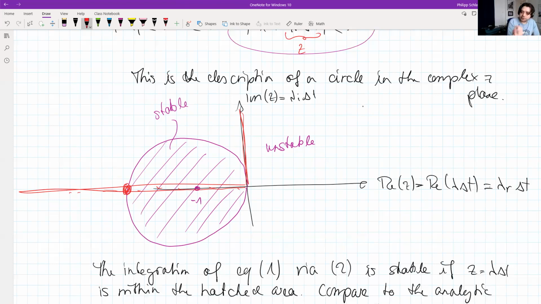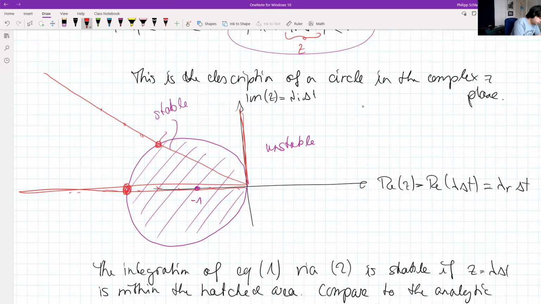If you have a general lambda, so just a complex number, then of course lambda times delta t would be a ray, maybe like this, and then you can scale the point along this line in such a way that you would then reach as the maximum time step exactly the end of the circle. So that's the way that you should understand this graph.